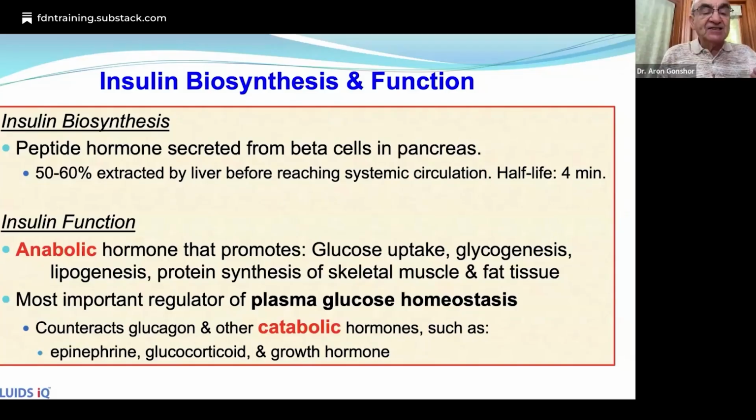So remember, it is an anabolic hormone, and its most important function is regulating the plasma glucose, the blood glucose homeostasis. And what does it do? It actually counteracts glucagon and other catabolic hormones such as epinephrine, the glucocorticoids, the various types of steroids, and growth hormone.